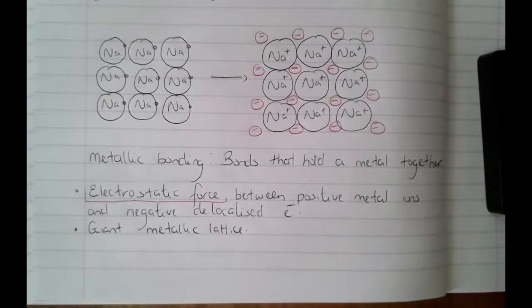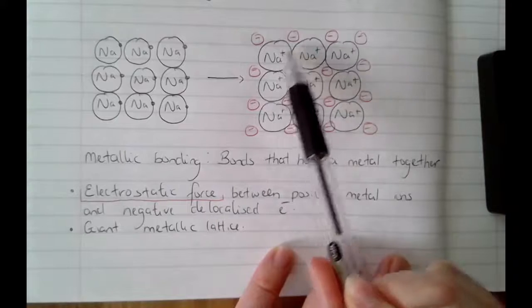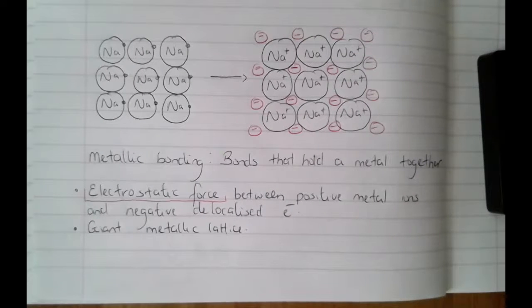The other property of metals that you need to know is that they can conduct electricity. So when we looked at conducting electricity, we said that you need charged particles that can move freely. In metallic bonding, you've got 2 types of charged particles. You've got your positive ions and you've got your negative electrons. But to conduct electricity, your charged particles must be able to move freely.